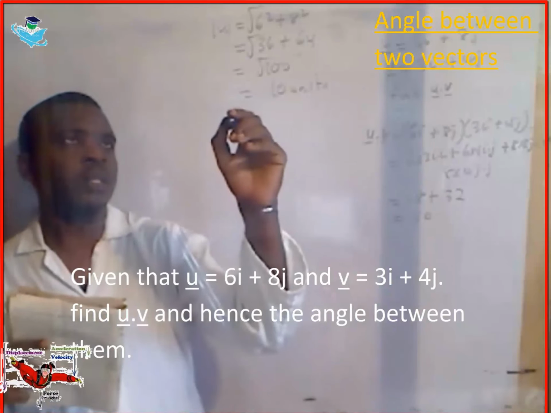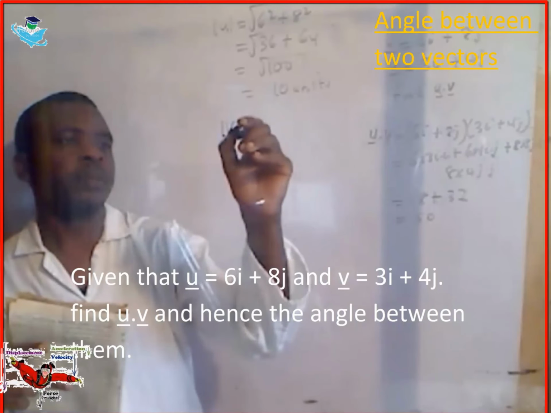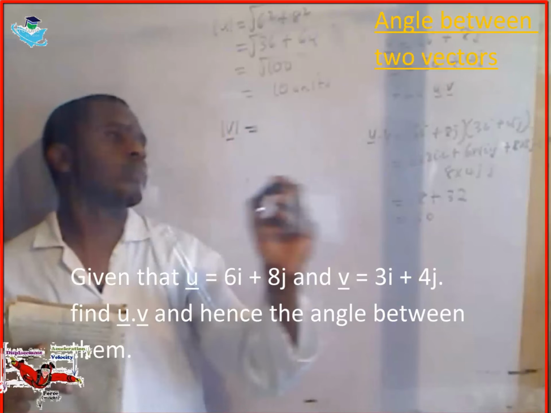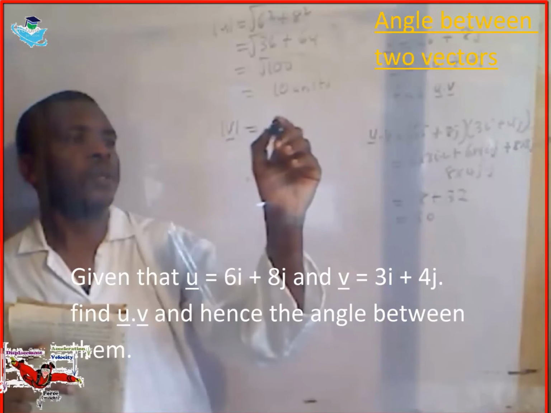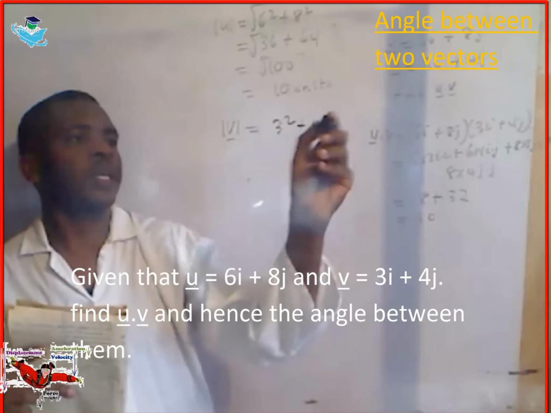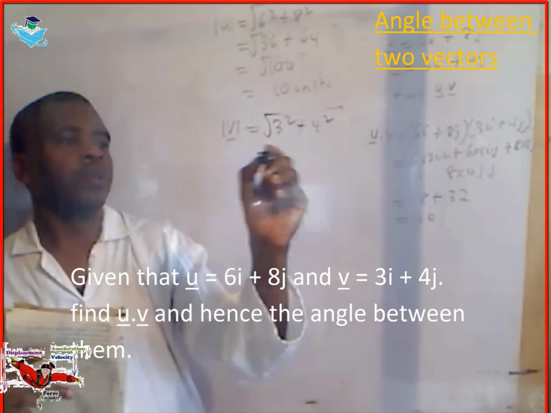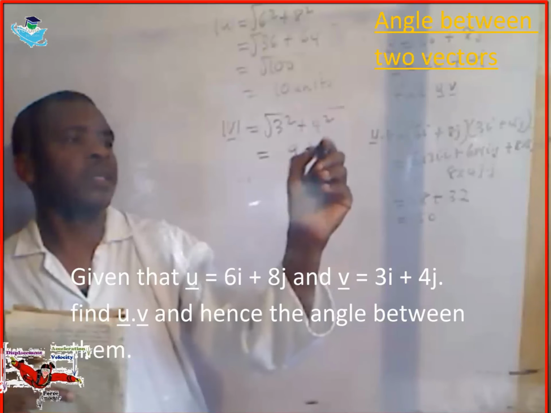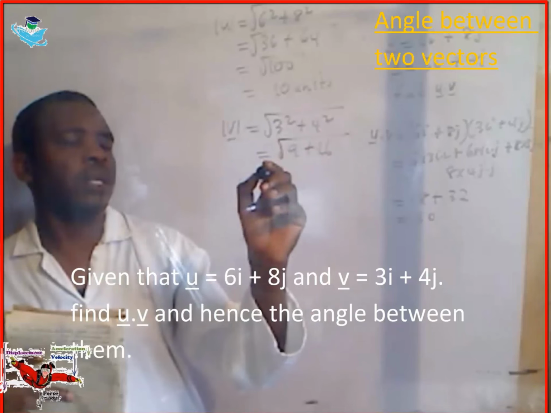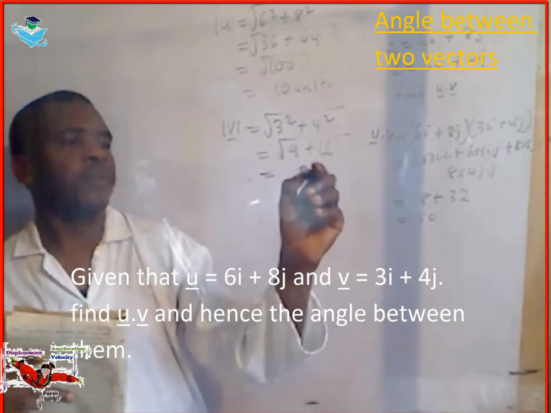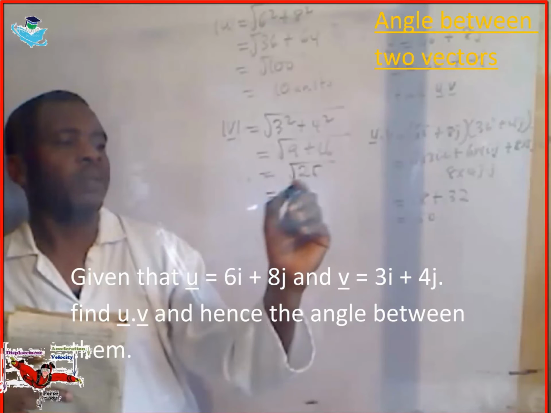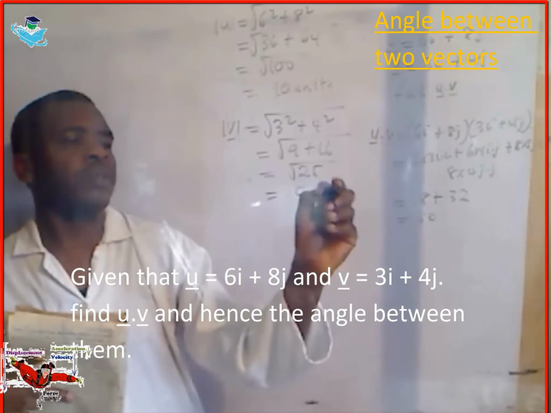Let me get the magnitude of v. This is equal to the square root of 3 squared plus 4 squared. It's equal to the square root of 9 plus 16. It's equal to the square root of 25. This is equal to 5 units.